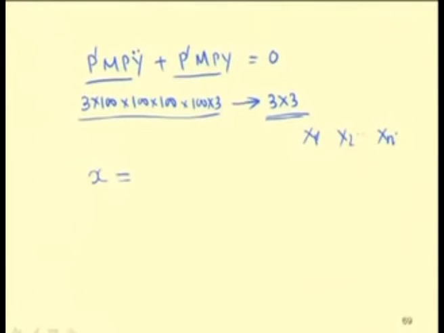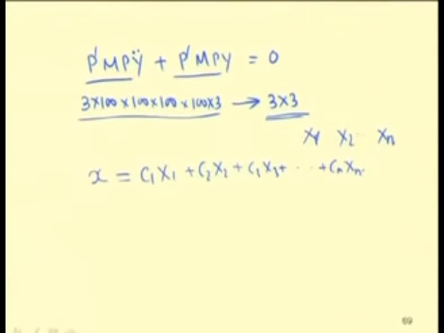These modal vectors correspond to the eigenvectors of the system. So x will be equal to C1 x1 plus C2 x2 plus C3 x3 plus up to Cn xn.